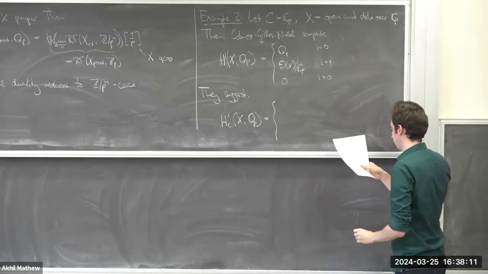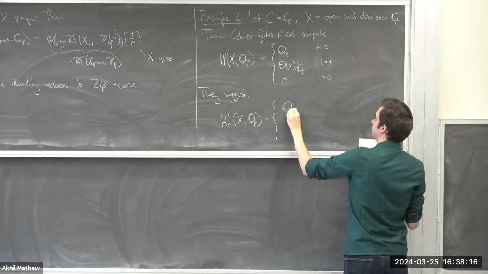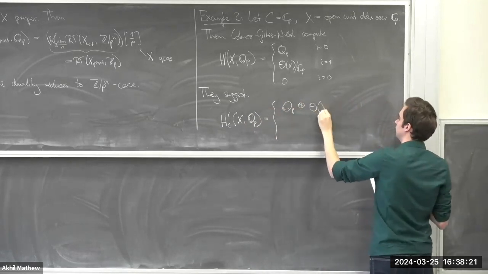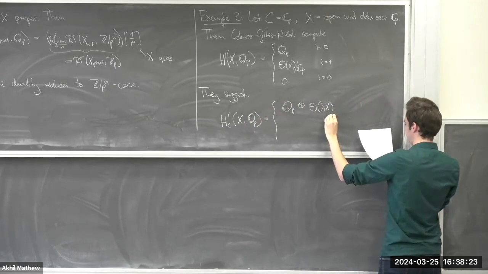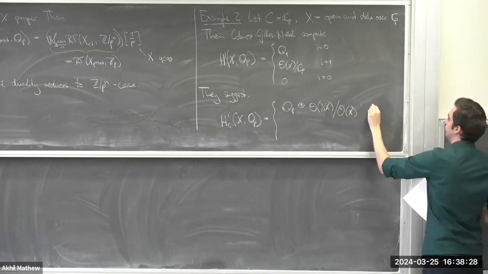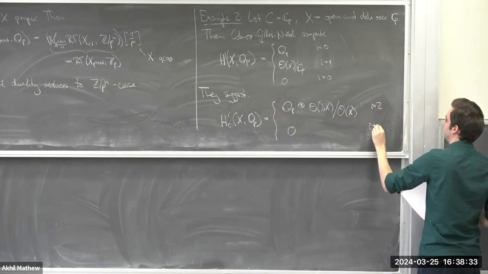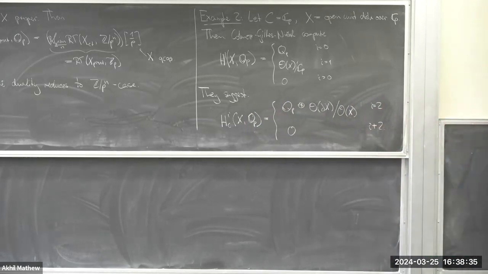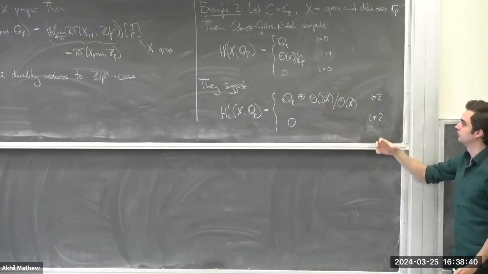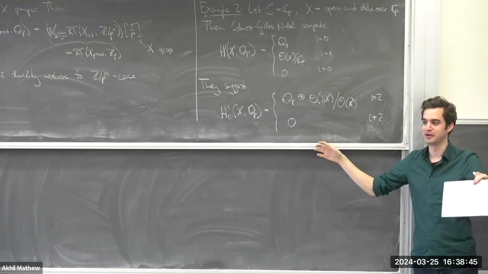In this case, it will just sit in 1 degree, and it will be Q_p direct sum sheaves on the boundary of X. For the sheaves on the boundary, they have some formal definition where you just take coordinates over things that go more and more to the boundary.